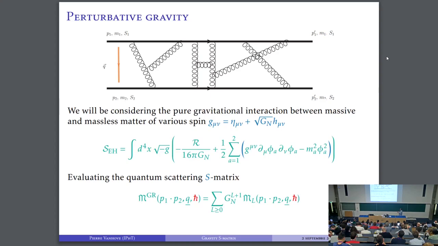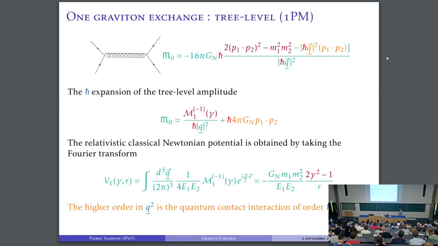And so you have your total S matrix that is the sum of all the perturbative contributions. So look at what you get at tree level. You have mass M1, mass M2, that exchange one graviton. It's an easy process that everybody in the room can write, but let me put the h bar maybe in a way that is maybe non-natural. So the fact is that here you have Q, the momentum transfer.